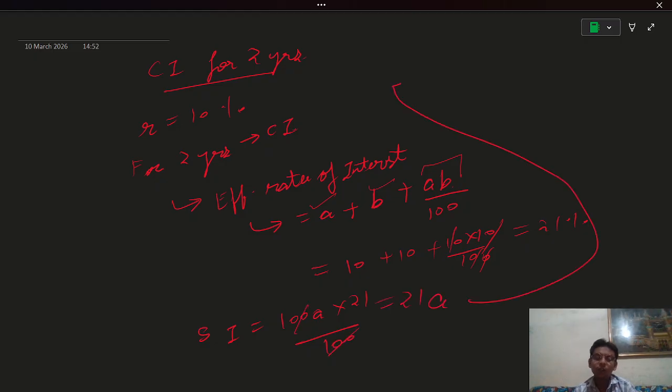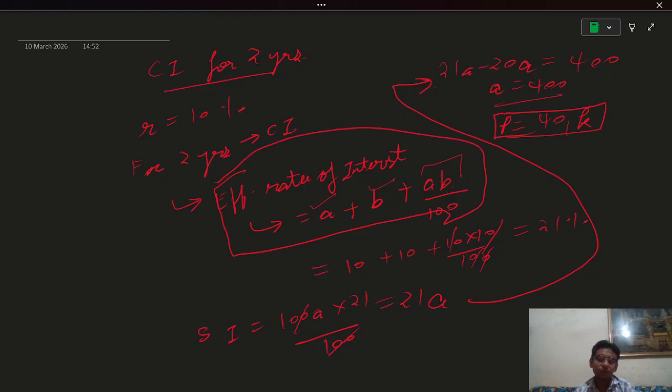Now compound interest minus simple interest, 21a minus 20a, is nothing but 400. The value of a is 400. Principal comes out to be 40,000, or 40k. Hope you are clear with this method as well. Effective rate of interest will become for 2 years.